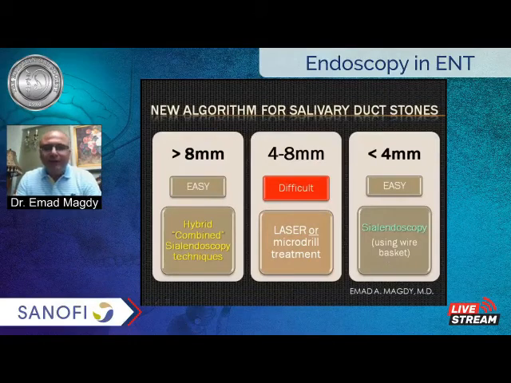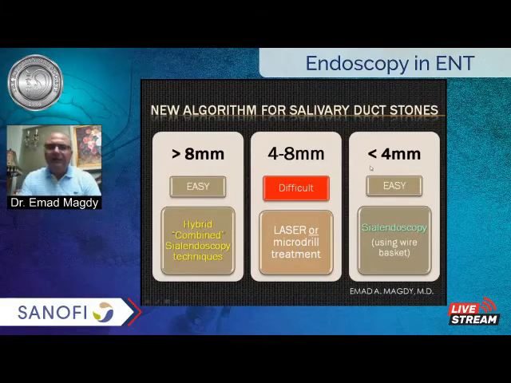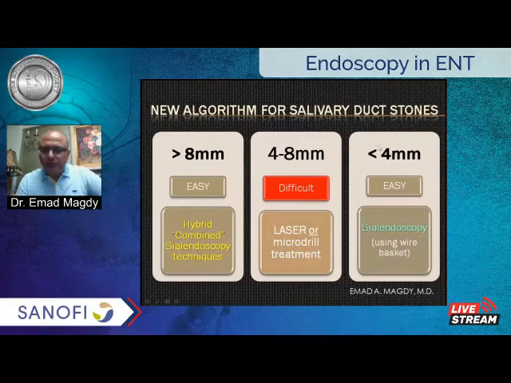Well, by having sialendoscopy, a new algorithm for salivary duct stones has arisen. This algorithm is based on the size of the stone. If it's less than 4 millimeters, this is an easy case, and you can do it by sialendoscopy using a wire basket.